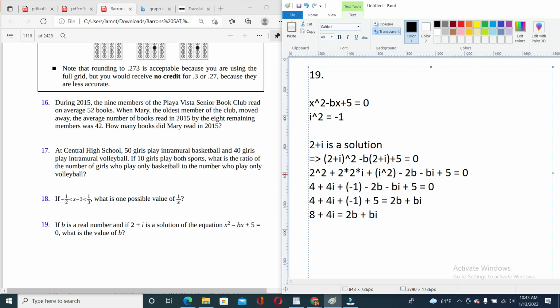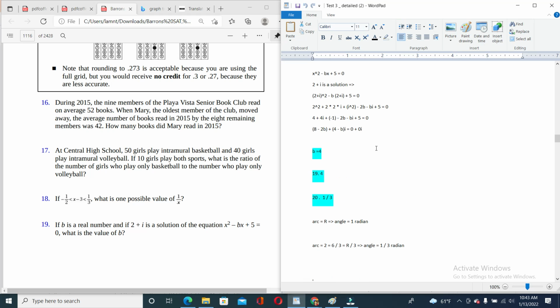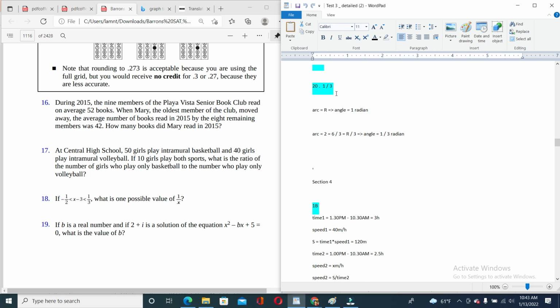So we can have a system of equations: 8 equal to 2b, because we have to match the coefficients, and 4 equal to b. So b is equal to 4. So the answer for 19 is 4.